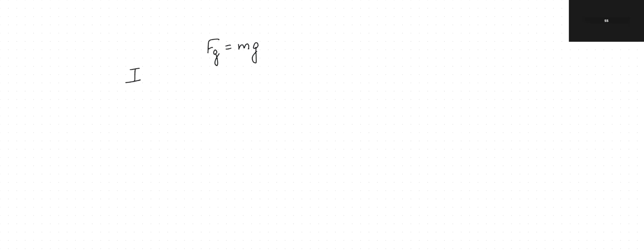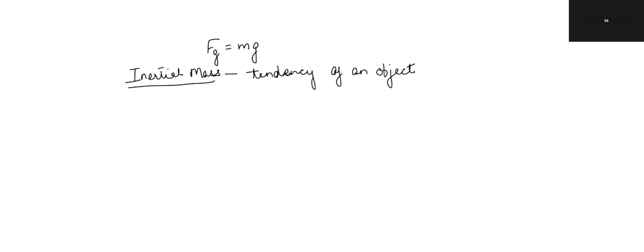And what is the inertial mass? So inertial mass is the tendency of an object to resist any change in state of motion.